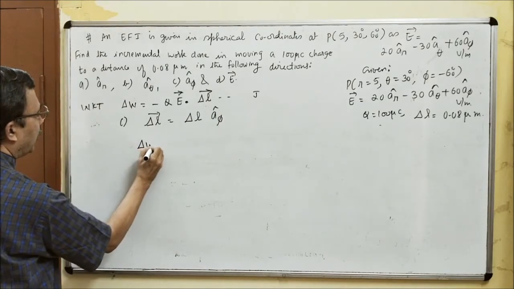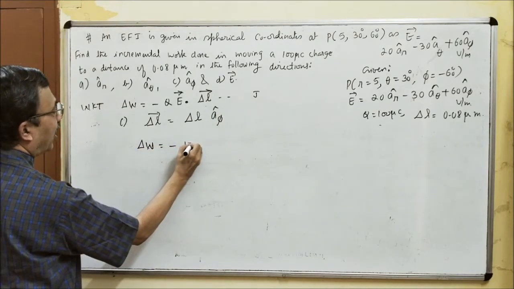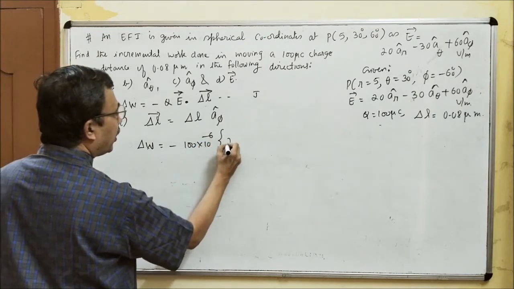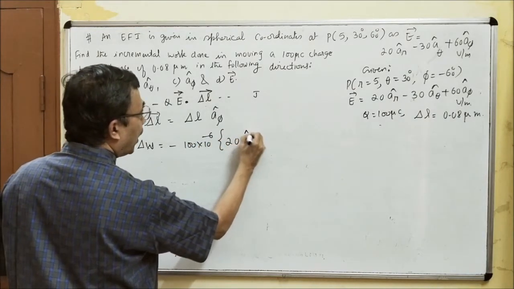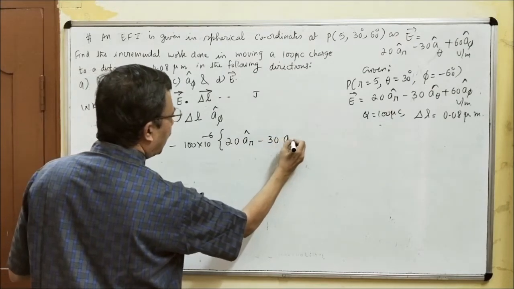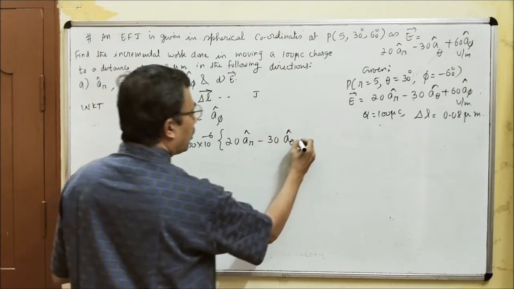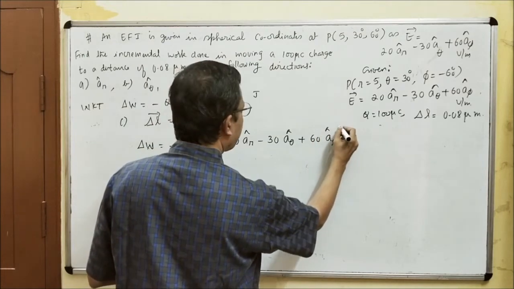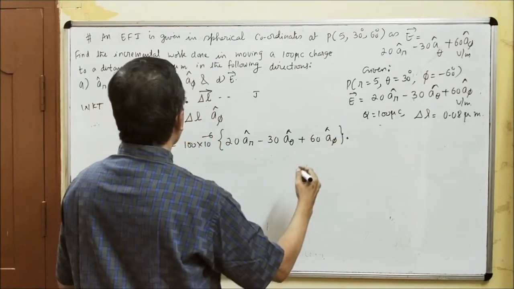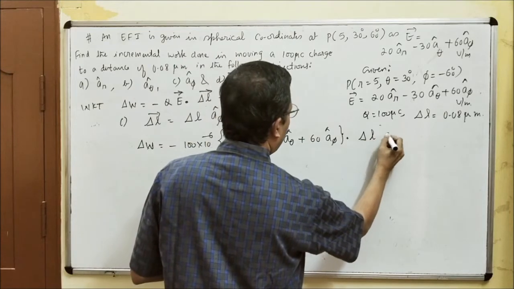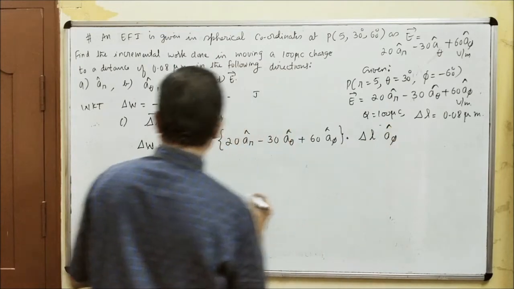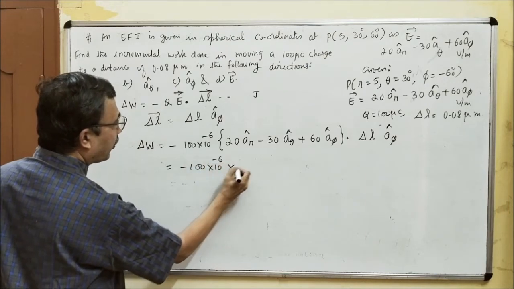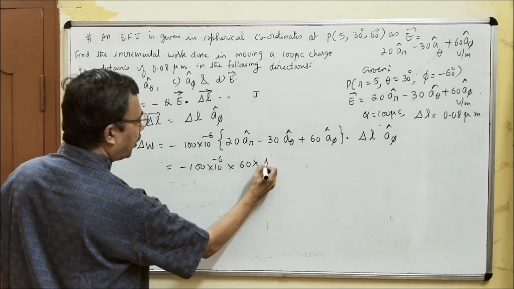So delta W is equal to minus Q, which is 100 into 10 to the power minus 6, times vector E, which is 20 AR cap minus 30 A theta cap plus 60 A phi cap, dot delta L into A phi cap. So this becomes minus 100 into 10 to the power minus 6 into 60 into delta L.